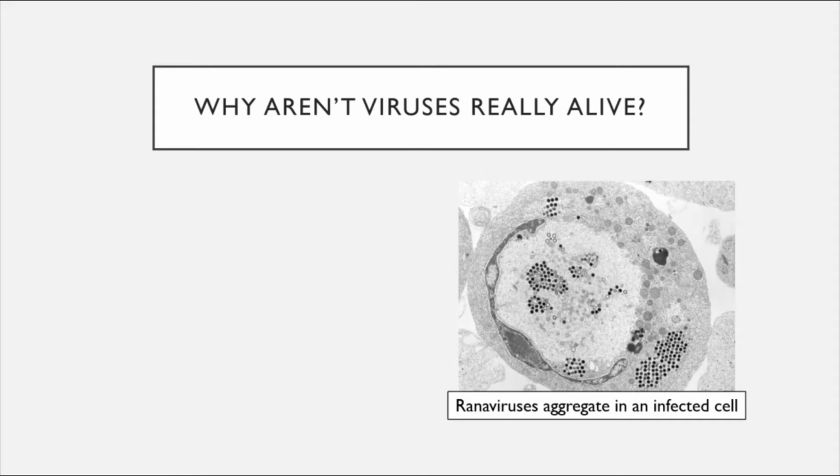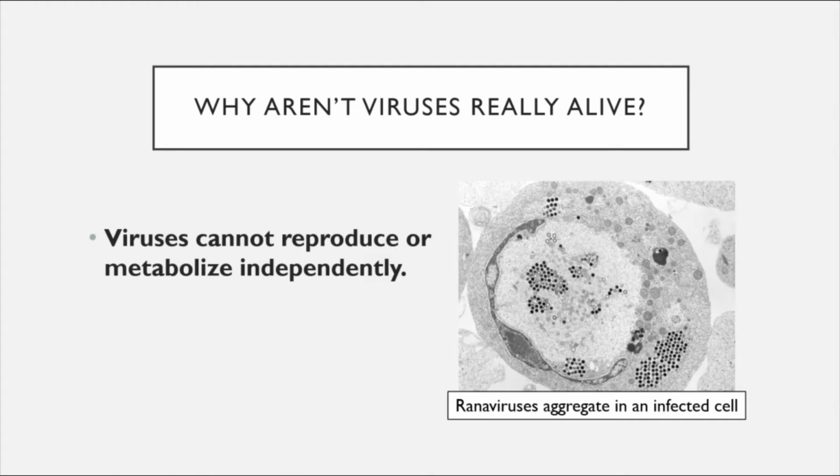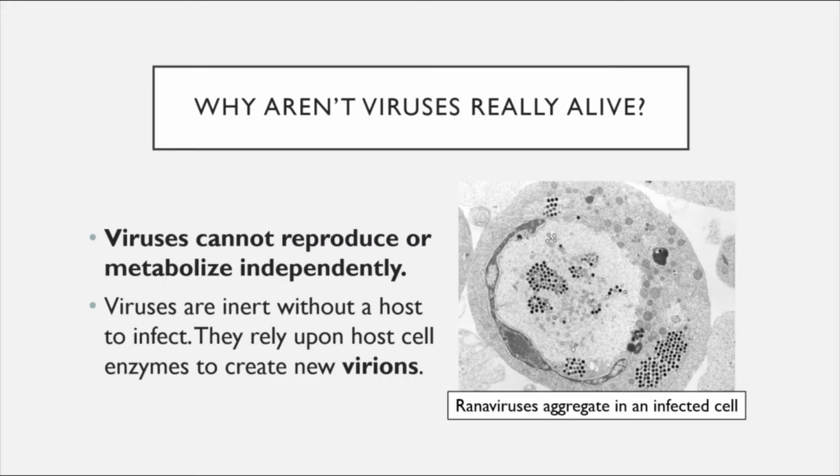Now let's briefly return to that point about why viruses aren't fully alive. Viruses cannot reproduce themselves or conduct metabolism independently without infecting a host. They are inert without a host cell to infect, and they are fully reliant on the enzymes and other molecular machinery found in host cells in order to generate new virions.